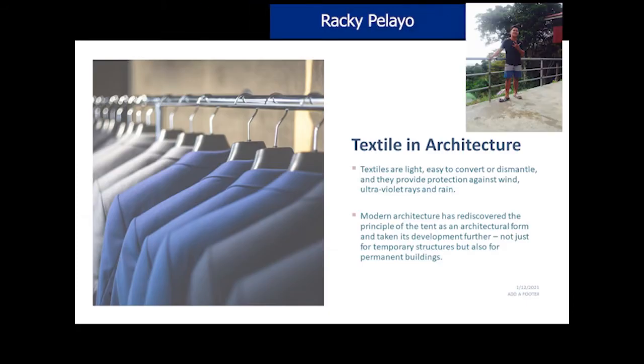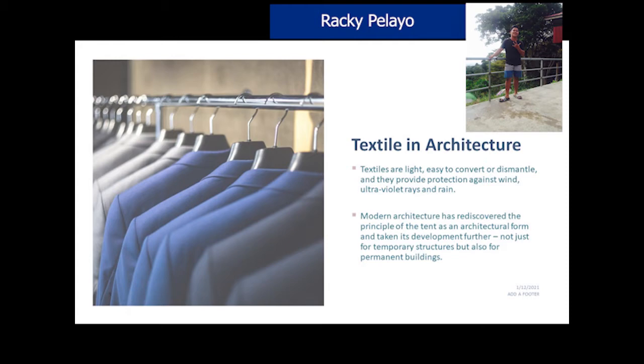Textile in architecture. Textiles are light, easy to convert or dismantle, and they provide protection against wind, ultraviolet rays, and rain. Textile architecture was used early on to build tents by different cultures around the world. Skin, barks, woven mats, canvas, and fabrics were used by people to build shelters for themselves and for their animals.